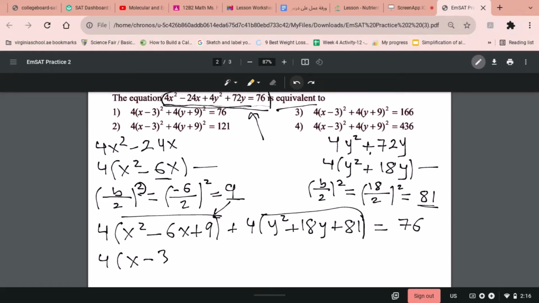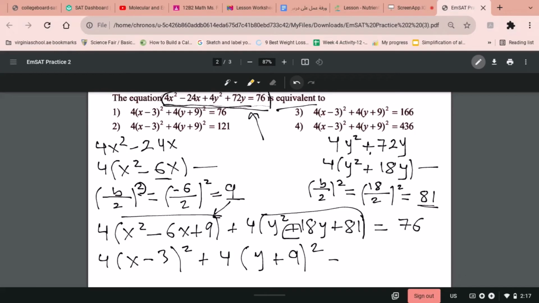So we put the negative sign, and the square root of 9 is 3. Then we put the square. Then here we have plus 4. The square root of 81 should be 9, and here we have the positive sign. So we put (y plus 9) squared equal to, oh, I forgot something.